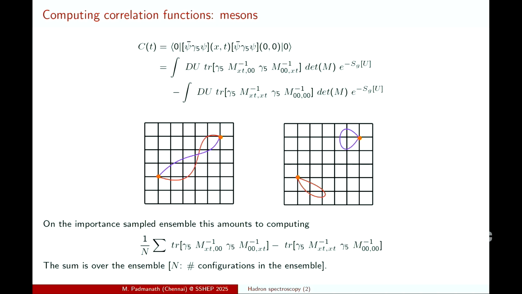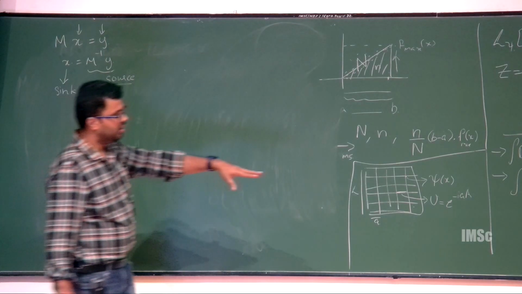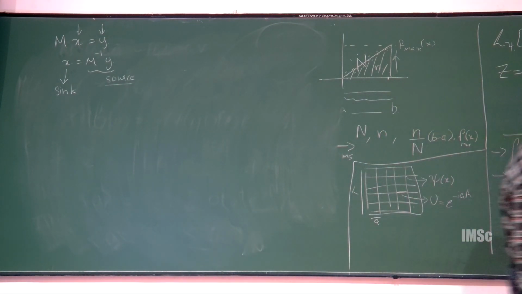So you simply cannot save it. What you do instead is invert your operator on certain column vectors and save only those resulting column vectors, which you will use in your correlation functions.